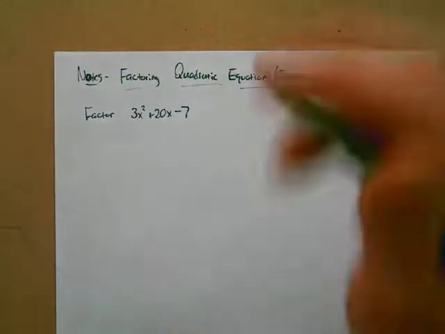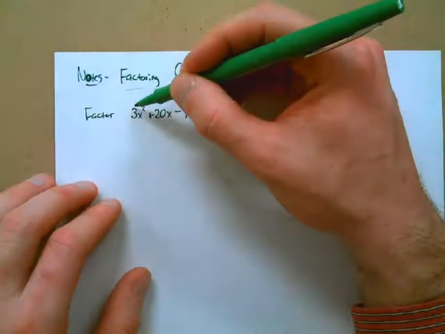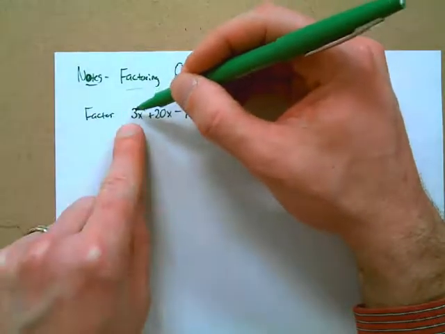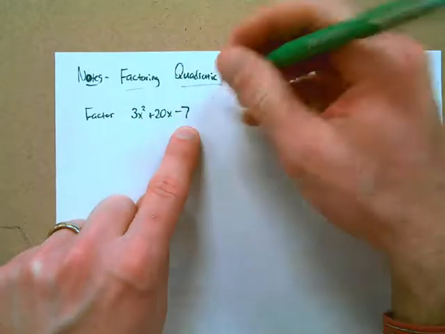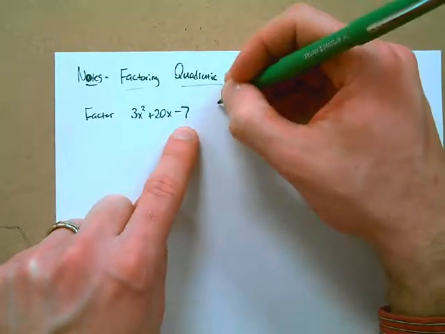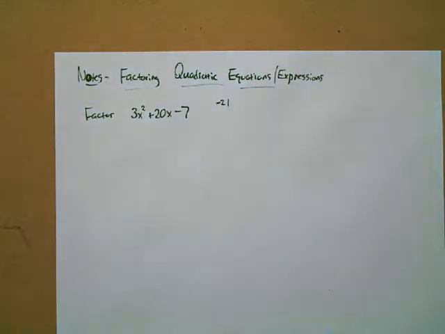Let me show you a technique here to do this. If you take the lead number, 3, and multiply it by that -7, we get -21, right? And then we also still have this middle term, 20, that we haven't talked about yet.